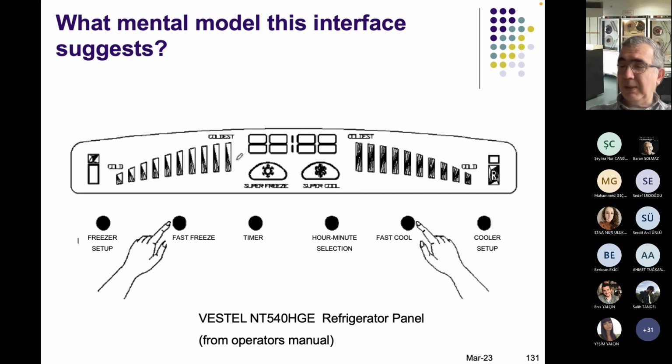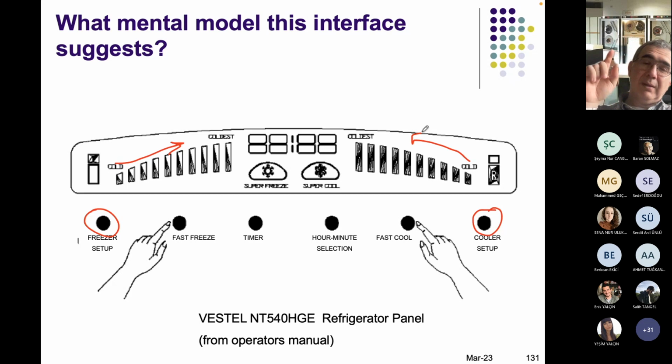When you keep pressing this, the freezing level increases one by one. Also, when you press this on the right, the cooler level increases one by one.